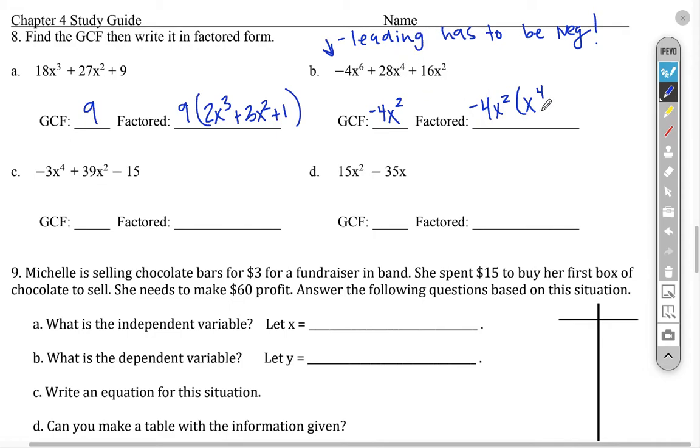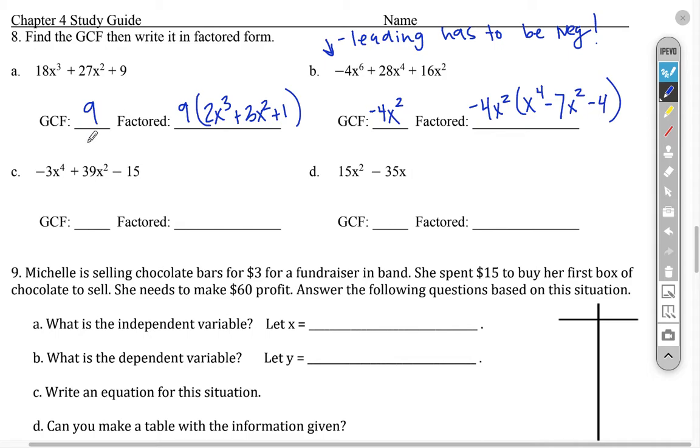Well, we need to switch our signs here and make sure that it turns out positive. So a negative times a negative is going to give us a positive. Negative 4 times negative 7 will give us 28, and we need 2 more x's. Negative 4 times negative what is going to give us positive 16? And the answer is negative 4. And we don't need any more x's, so that is the end right there.